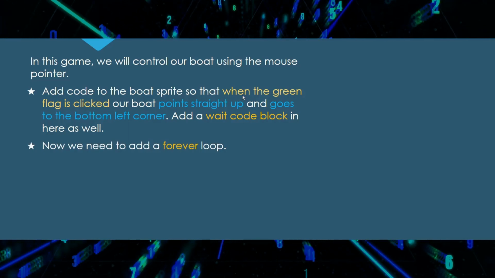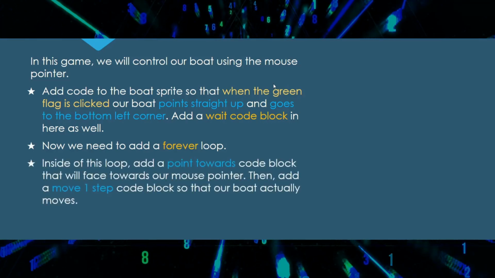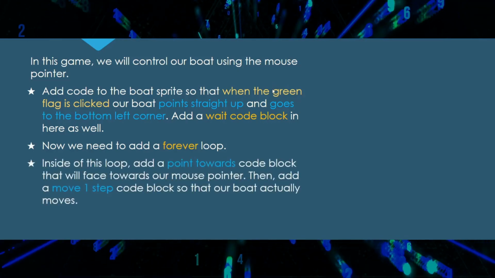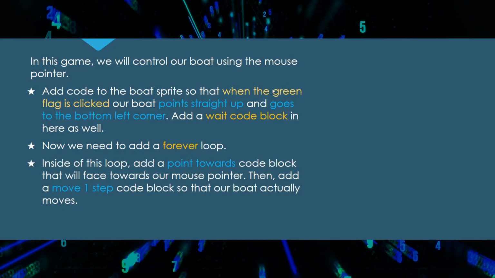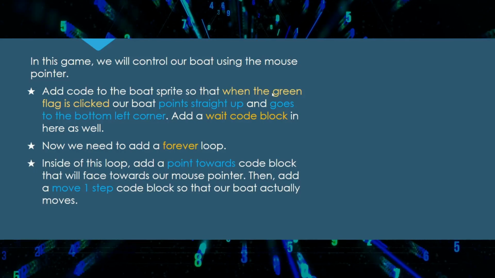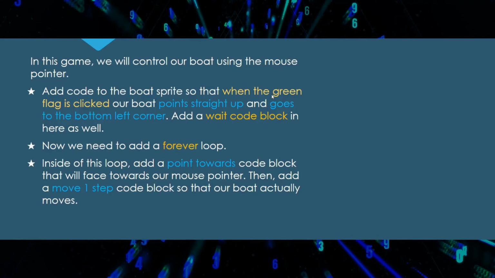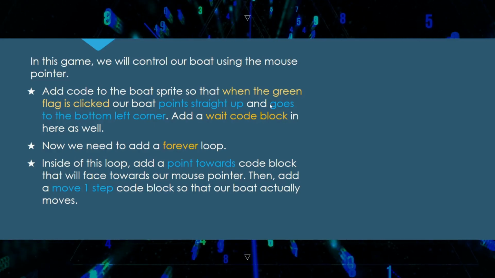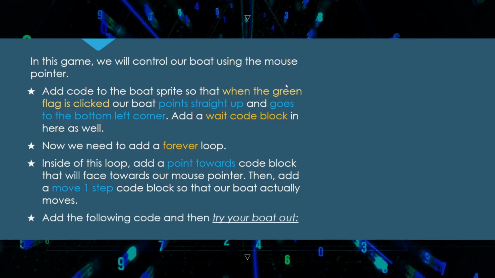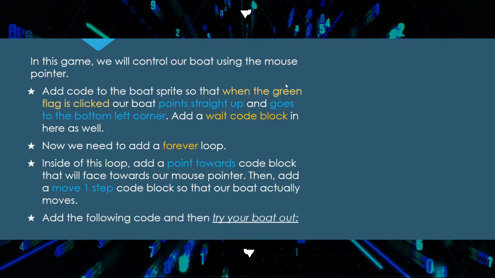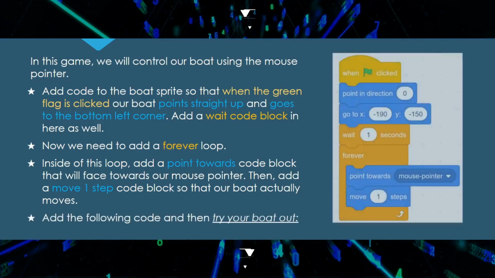That way it's consistently happening. Inside this loop, we will add a point towards code block that will face our mouse pointer. Then add a move one step code block so that our boat actually moves. And here is the following code, then try it out on your boat.